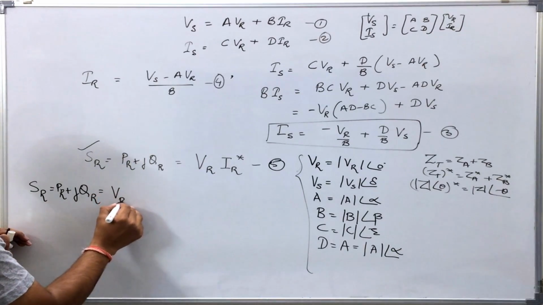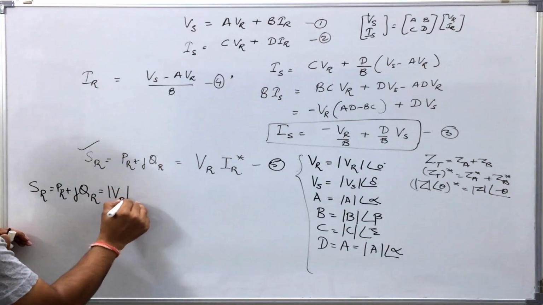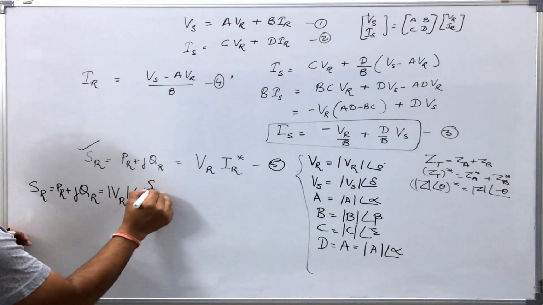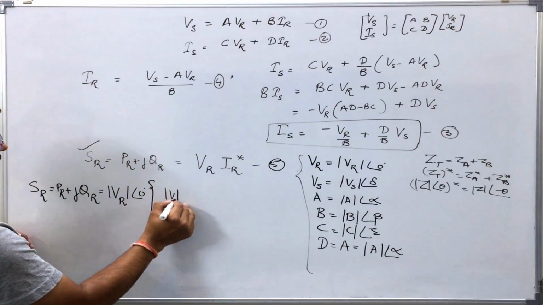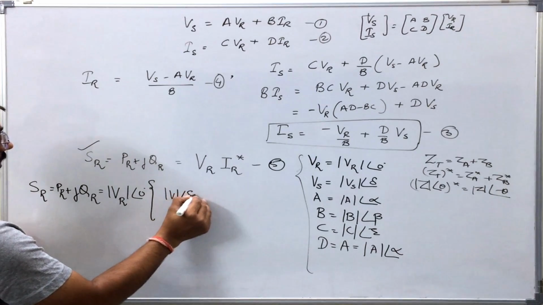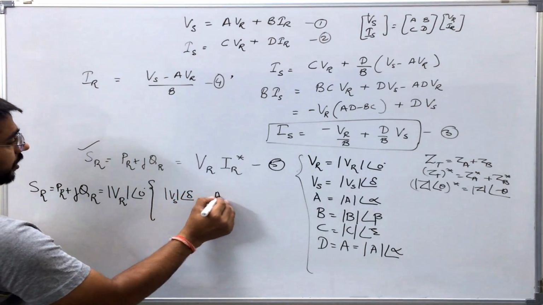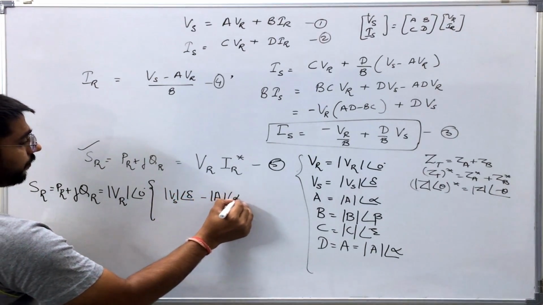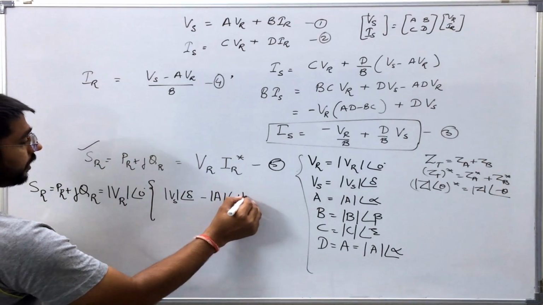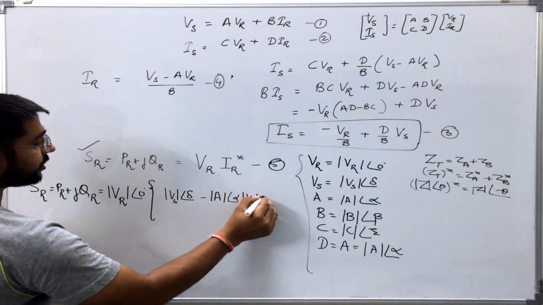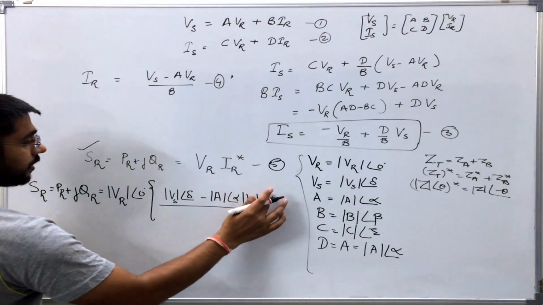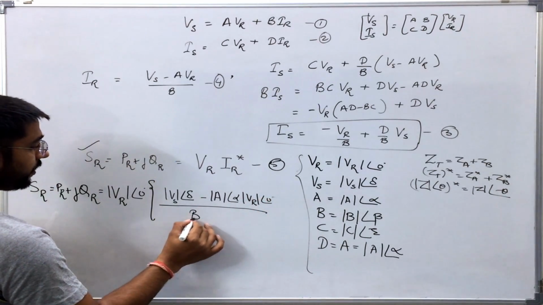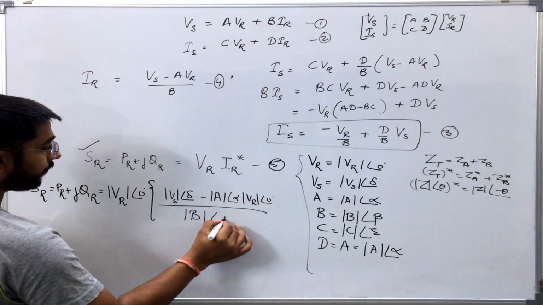So it will simply be VR angle 0 multiplied by the conjugate of (Vs angle delta minus A angle alpha VR angle 0) over B angle beta.